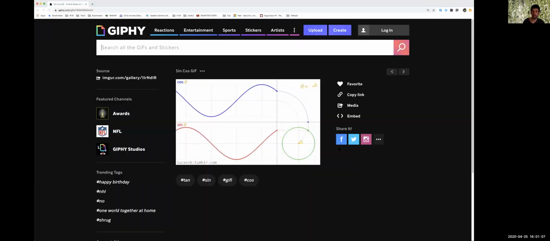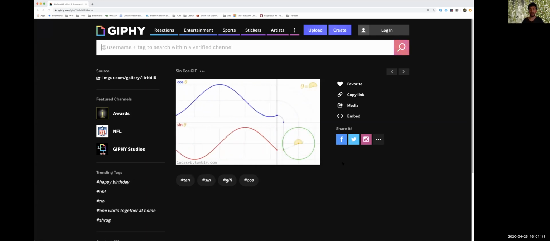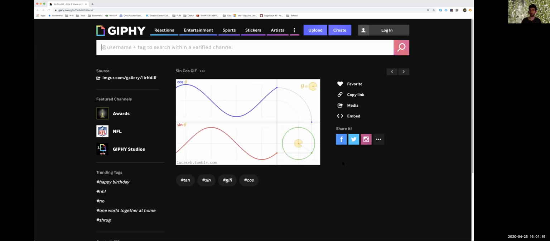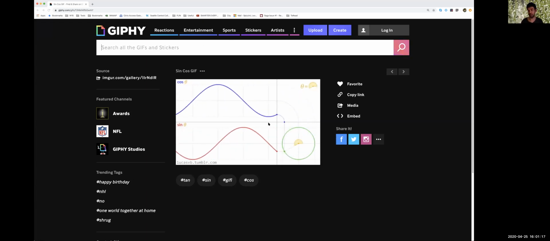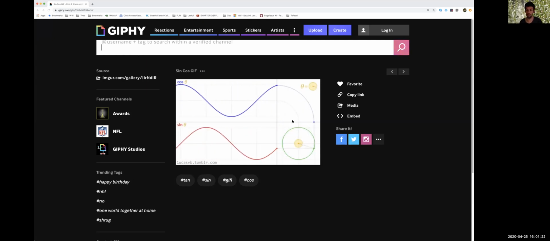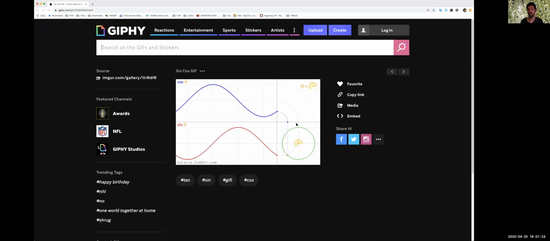I think it's a pretty famous GIF. I know I've seen it show up plenty of times. But in any case, you see how splitting this circular motion in this green circle at the bottom into its horizontal and vertical motion is related to the sine and cosine functions, right?